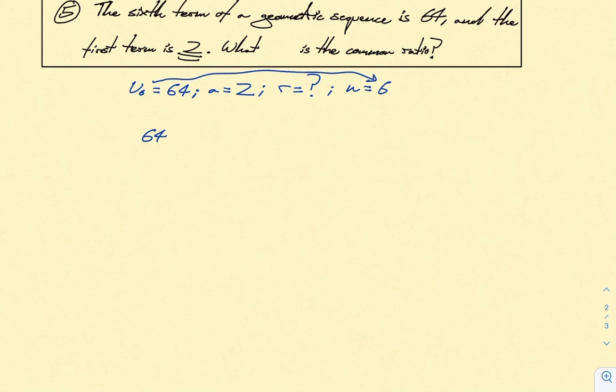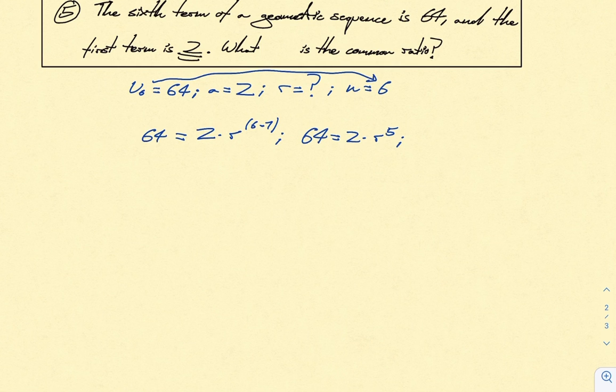So 64 equals 2, because that's our first value, times r, which we don't know, to the power of 6 minus 1. Right? And so we know that 64 will be equal to 2 times r to the power of 5.